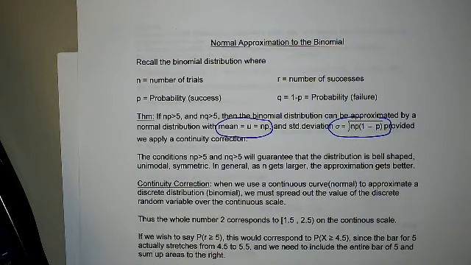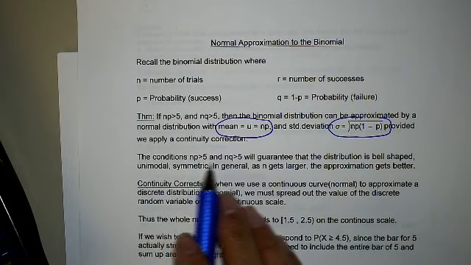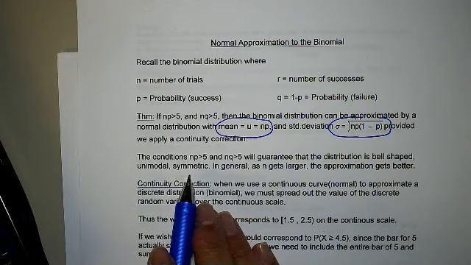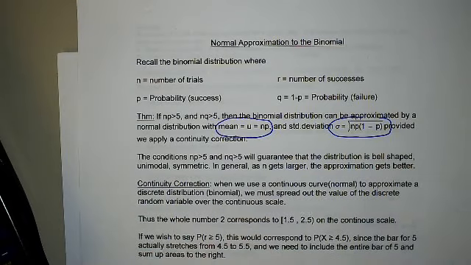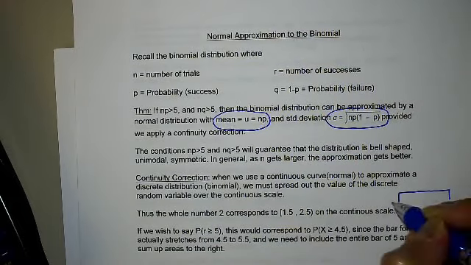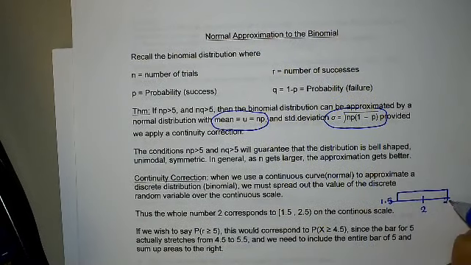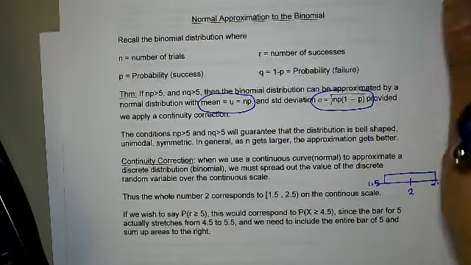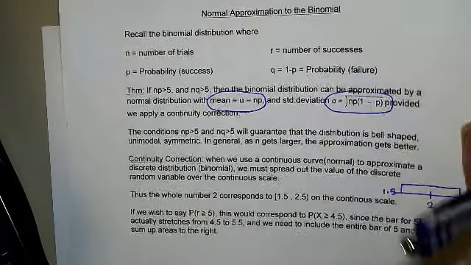Mu equals np, sigma equals rad npq. The conditions will guarantee that the distribution is bell-shaped, unimodal, symmetric. In general, as n gets larger, the approximation gets better. Continuity correction is talking about the fact that the whole number 2 actually stretches from 1.5 to 2.5.